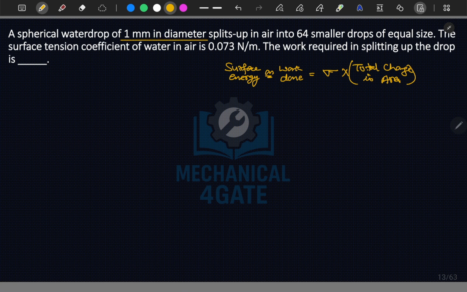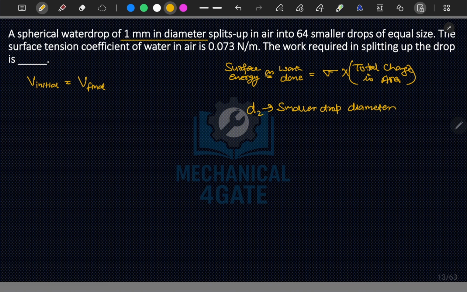So the initial volume is equal to the final volume. Let's say d2 is the final smaller drop diameter.